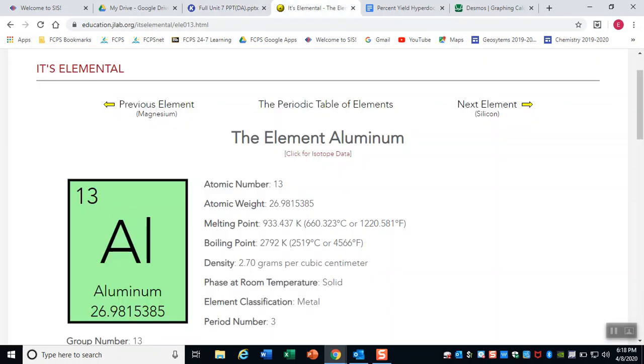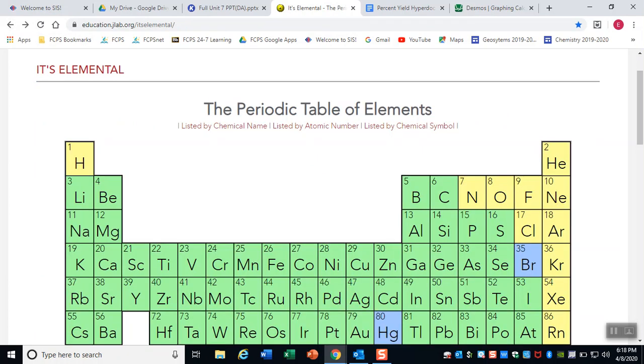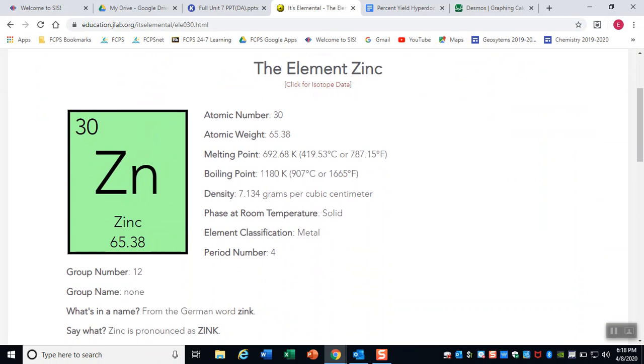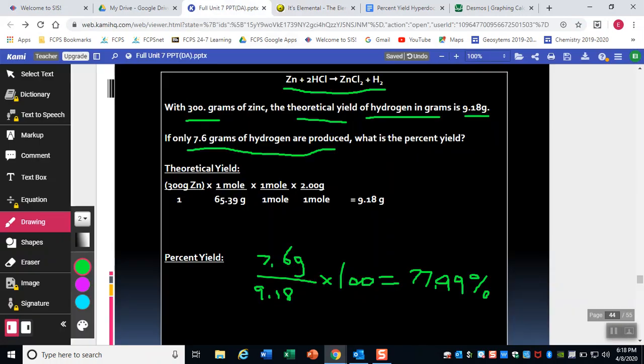Let's find zinc. Here's zinc. Notice that's my 65.38, so that's your molar mass. And then the grams of zinc goes away, and now you have the moles of zinc. But I want to know about hydrogen.